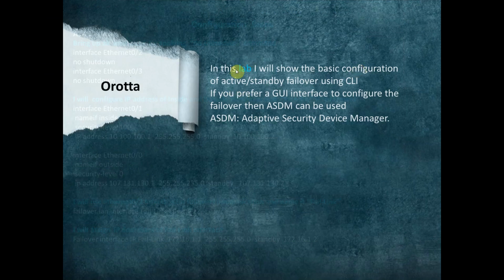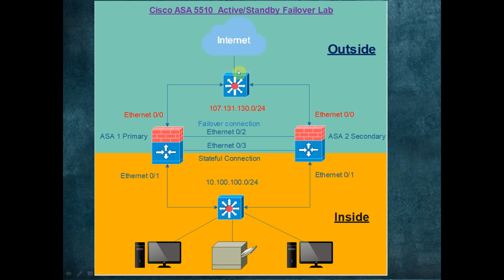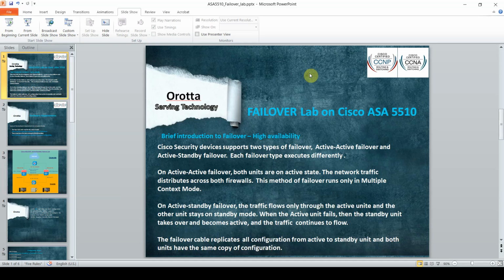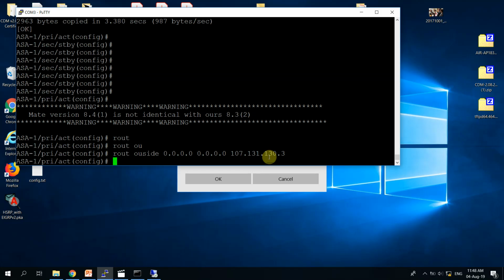On this side of my topology, on the outside security zone, I put a server here and I assign it 107.103.130.3. So I just put the static route pointing to that.